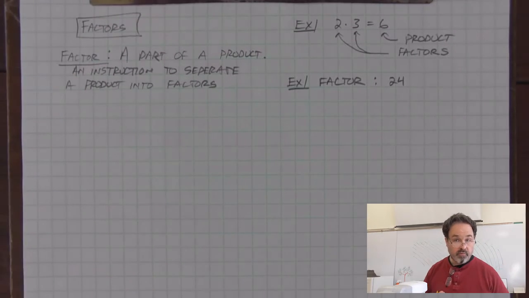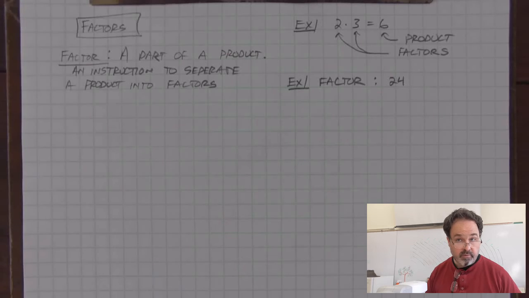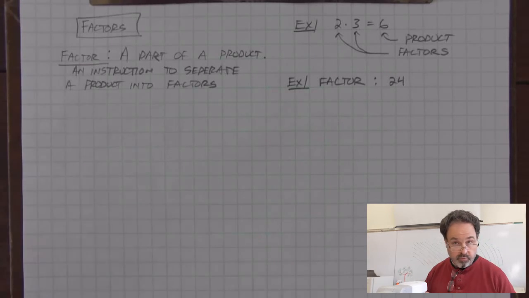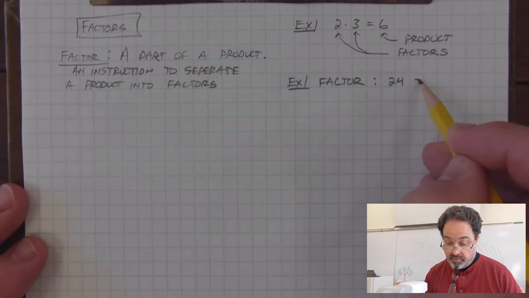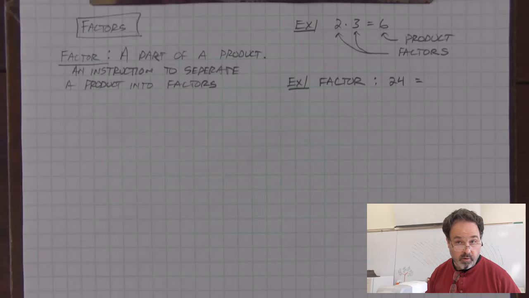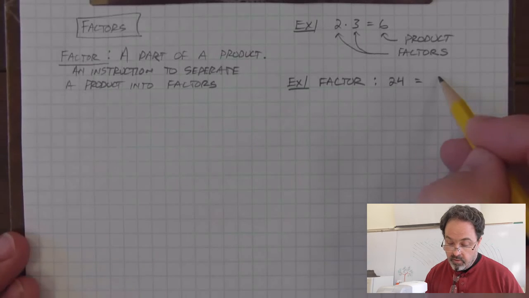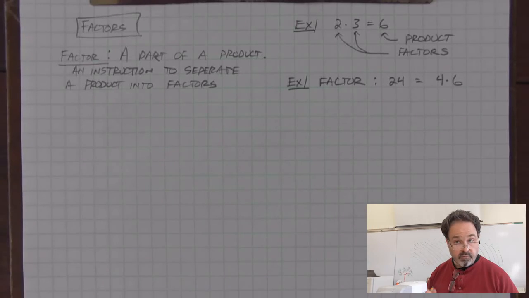We want to think of 24 as a product and think about what factors we would multiply to get 24. There are many things that we could think of. 24 has lots of factors, meaning it can be divided evenly by several different numbers. But if we're asked to factor, we could say 24 is equal to 4 times 6. And 4 and 6 are factors of 24.